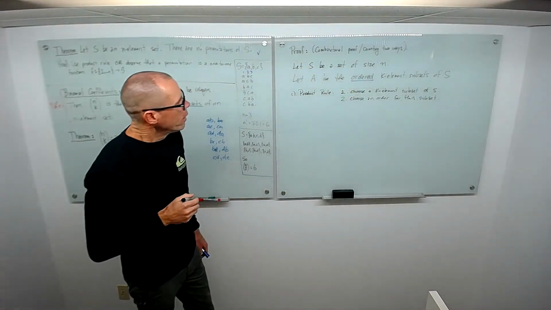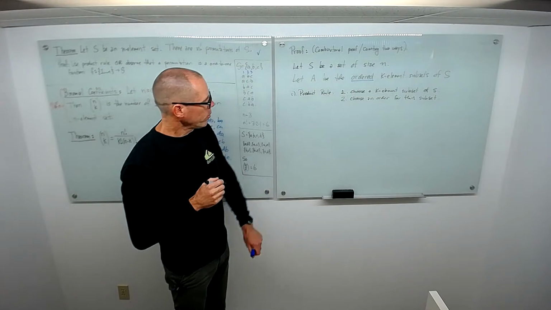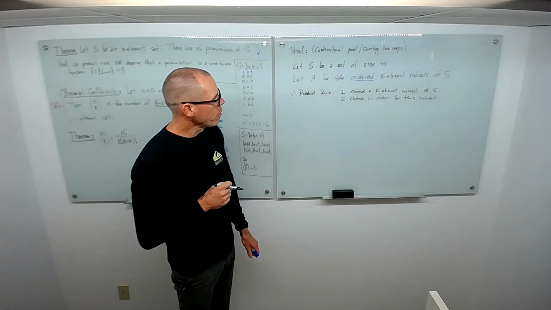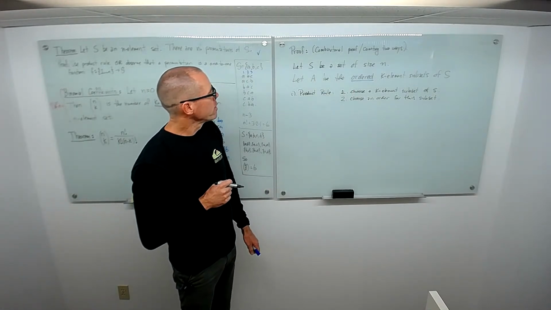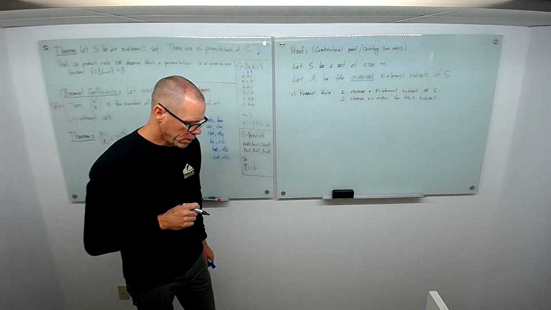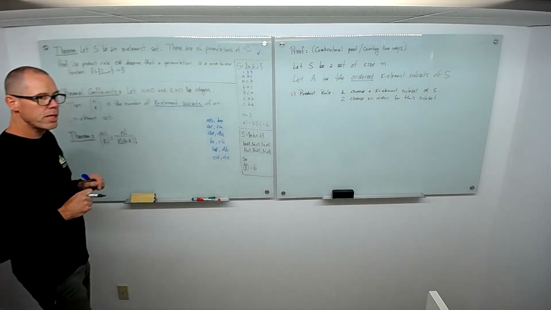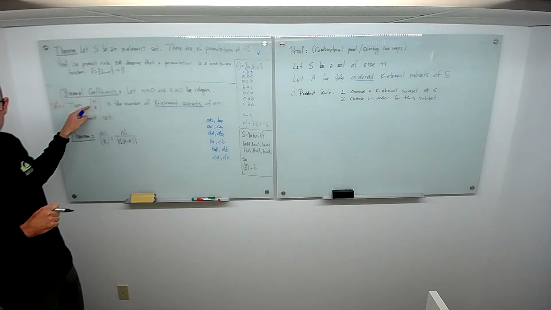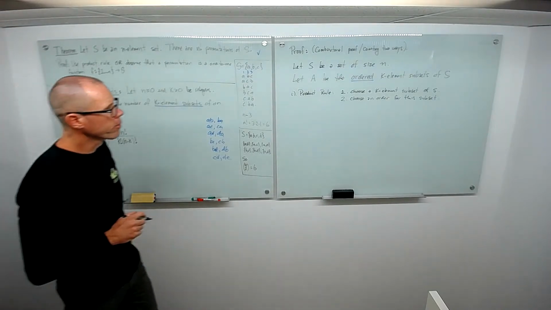Choosing a K-element subset of S, S is an N-element set, so we have a definition that tells us that the number of ways to do that is N choose K.